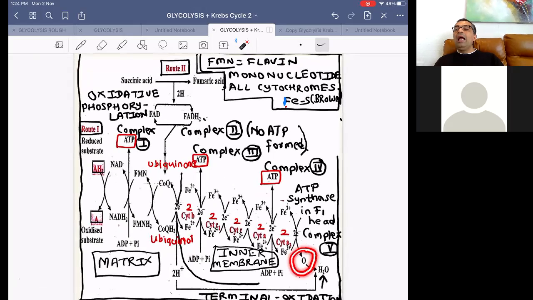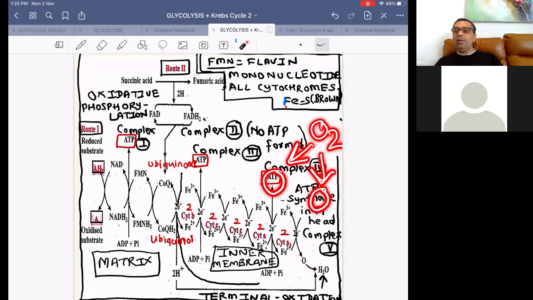Oxygen. हाँ, जब हम लोग ब्रीथ करते हैं, what goes in? O2. And O2 splits to form O and O. Nascent oxygen. In other words, one oxygen molecule splits to form two oxygen atoms.